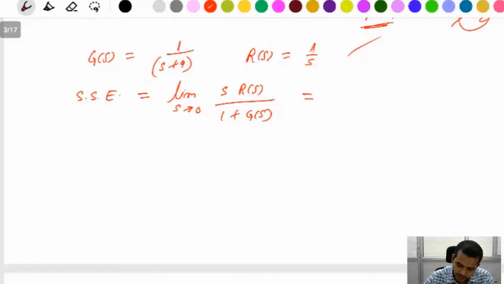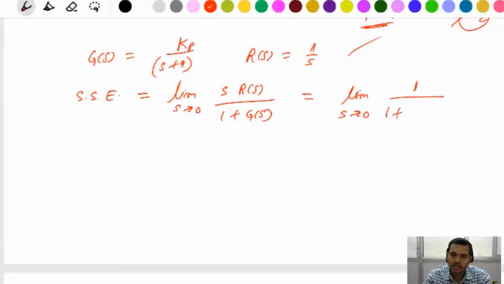We take R(s) as 1 by S, then 1 by S cancels out. Limit S tends to 0 of 1 plus G(s). If you take Kp again, then you find Kp divided by S plus A. You put 0 here, then 1 by 1 plus Kp by A.